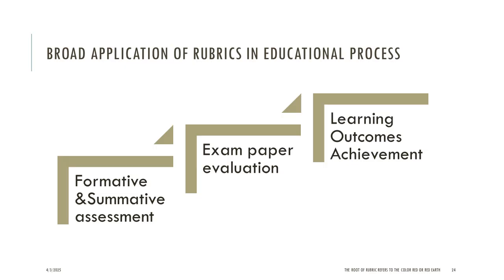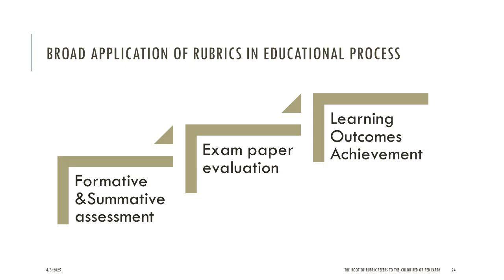Okay, what are the broad applications of rubrics in the educational process? We use them in different places during our educational process. First of all, they are used for formative and summative assessments. Second, we have them for exam paper evaluation before getting it out into the light.